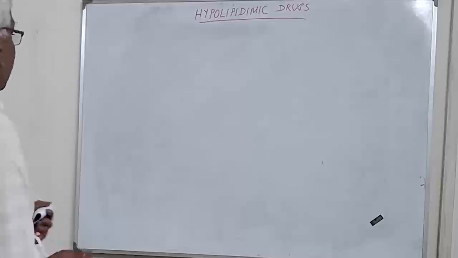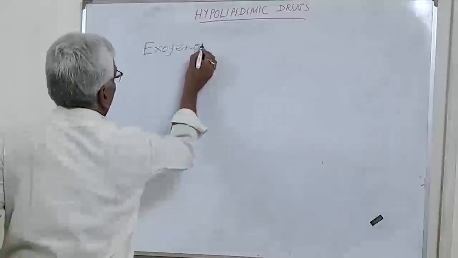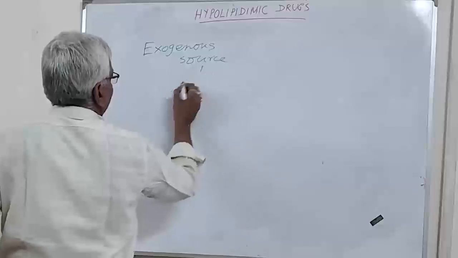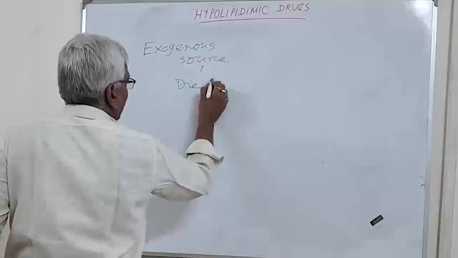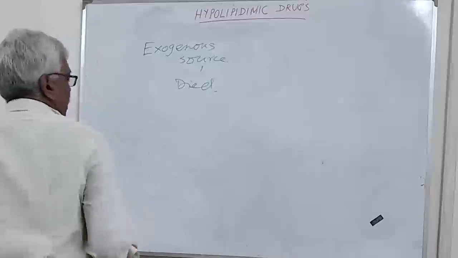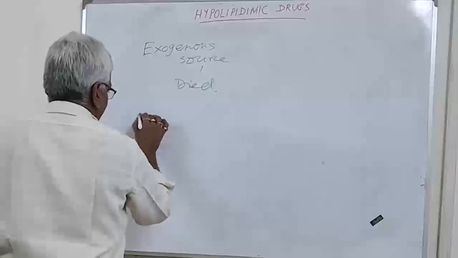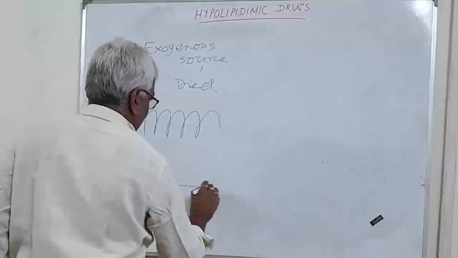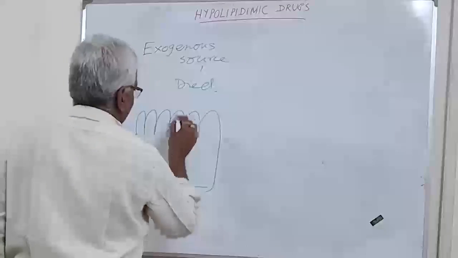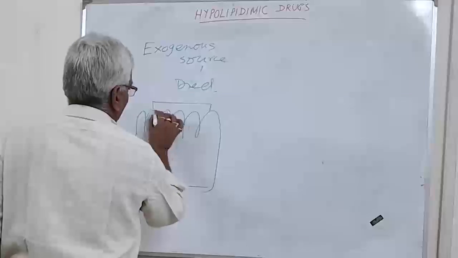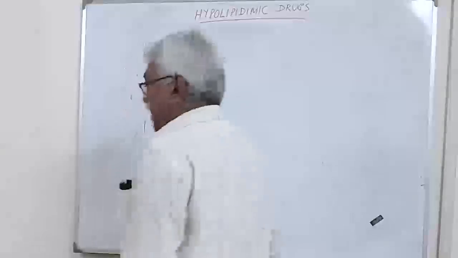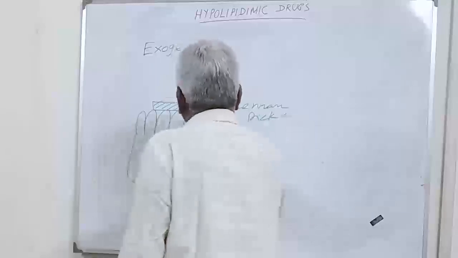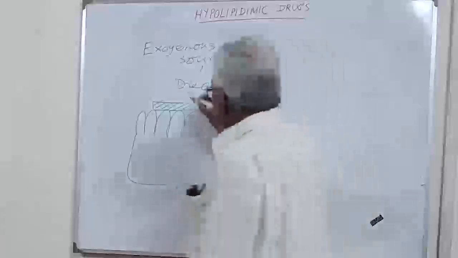Number one is the exogenous source, and obviously this is the diet. From the diet, what happens? It is absorbed through the gut mucosa. The cholesterol is absorbed through the gut mucosa with the help of a protein called Niemann-Pick C1 protein, which helps in the absorption of this cholesterol.